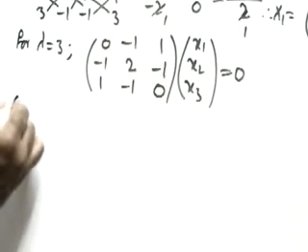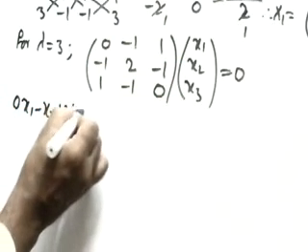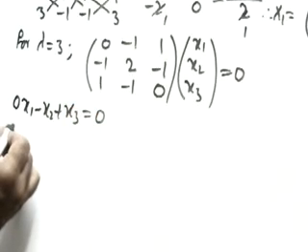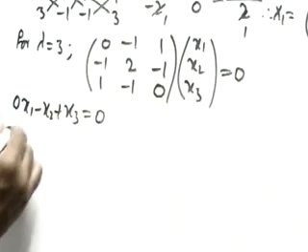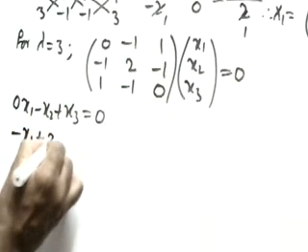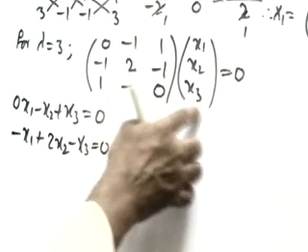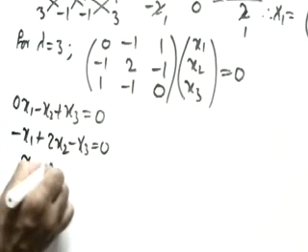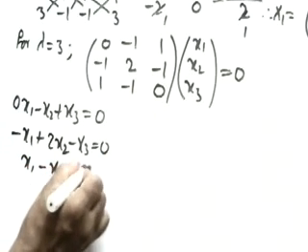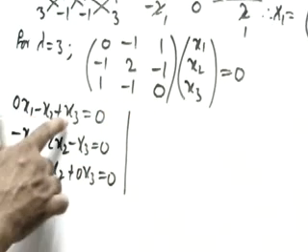Now multiply this one: 0 x1 minus x2 plus x3 equals 0. Now minus x1 plus 2x2 minus x3 equals 0. Lastly, x1 minus x2 plus 0 x3 equals 0.